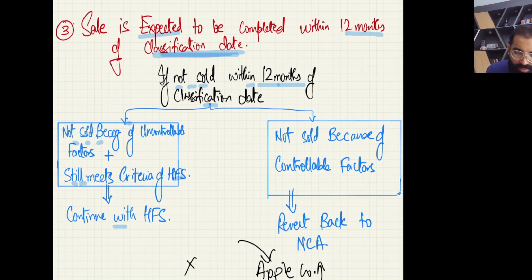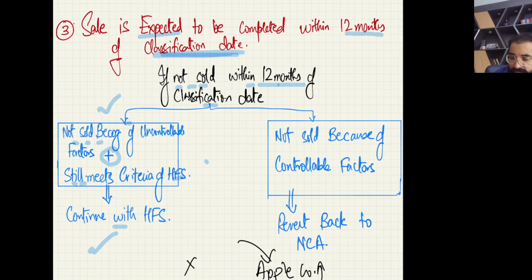The first box: if not sold because of uncontrollable factors, like we did marketing, we were ready, we located the buyer, everything, but sometimes the market goes slow and things happen. So if not sold because of uncontrollable factors, plus, see this plus, the asset still meets the criteria of held for sale, then you can continue it as held for sale. It will still be classified as held for sale.